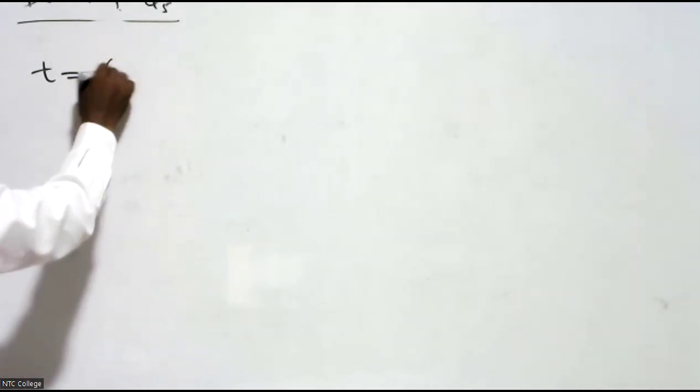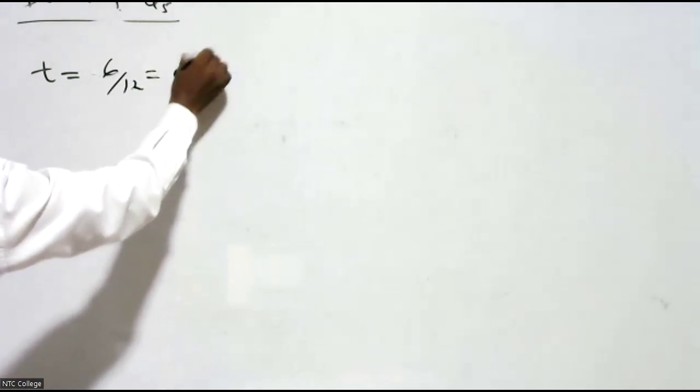Or basically 6 months all over 12. So that is 0.5 years.